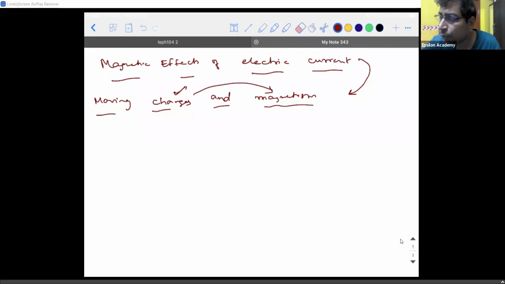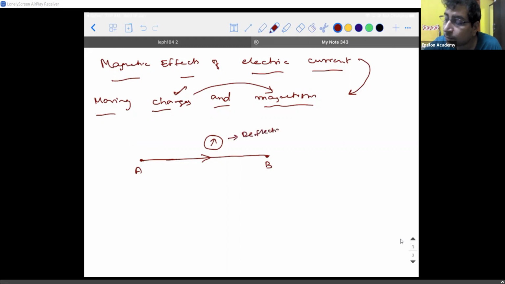Okay. So to begin with a simple introduction, if there is a conductor in which there is current flowing from one end to another, and you try to place a compass close to it, then you can observe some deflection in this compass. So what does it mean, guys?